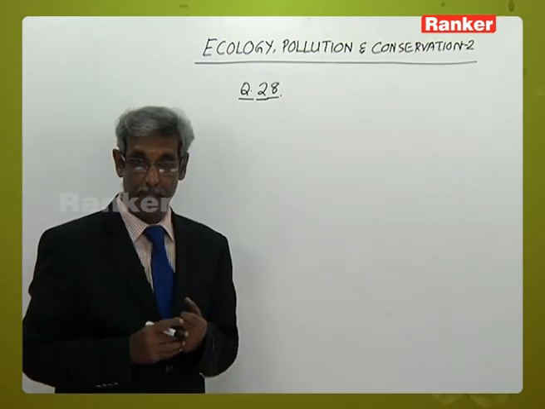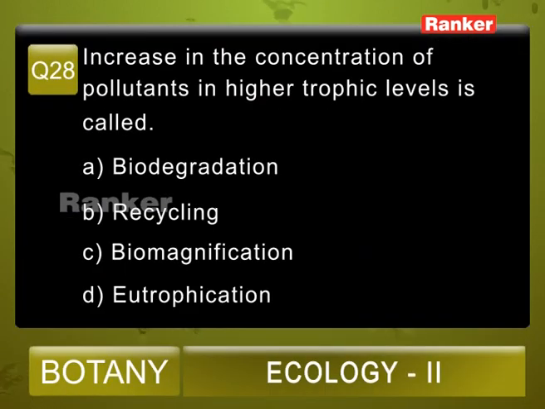Question number 28. Increase in the concentration of pollutants in higher trophic levels is called A. Biodegradation, B. Recycling, C. Biomagnification, D. Eutrophication.